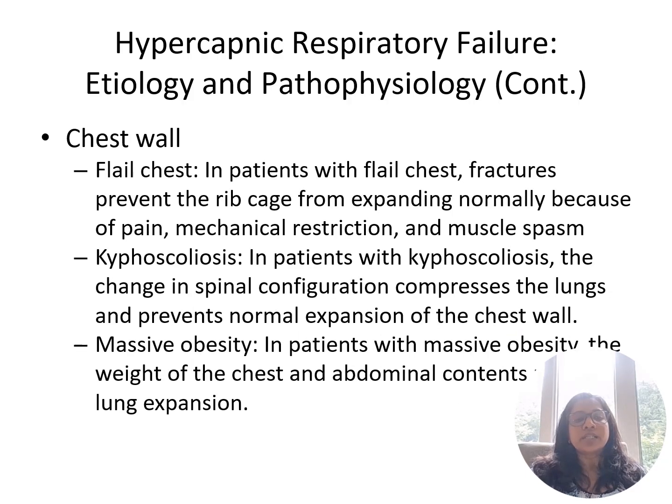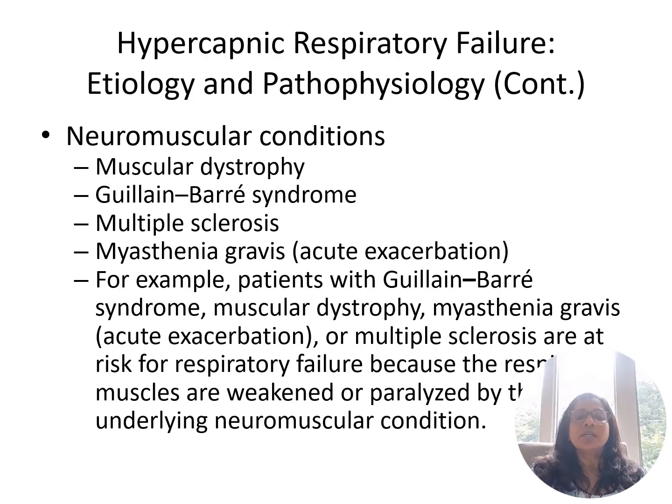Chest wall conditions like flail chest, kyphosis, severe obesity, all of that can lead to hypercapnic failure. Other conditions you usually see are muscular dystrophy, Guillain-Barré syndrome, multiple sclerosis, myasthenia, etc. So if you have a patient with one of these neurogenic conditions like Guillain-Barré or myasthenia, those are like acute exacerbation because it's an acutely progressing disease condition.